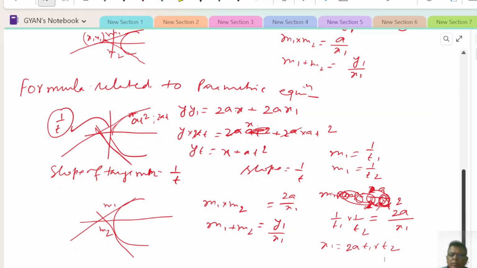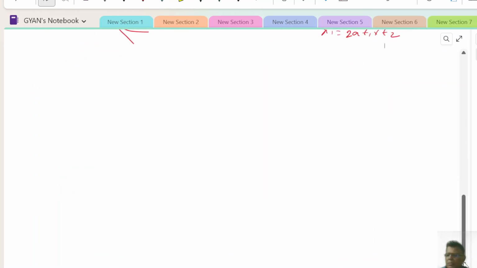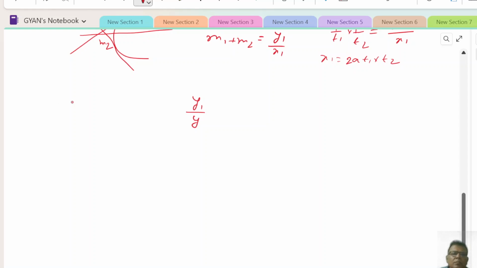And similarly, we can find out y also. M1 plus M2 is equal to y1 by x1. So M1 plus M2 is 1 by t1 plus 1 by t2 is equal to y1 divided by x1.